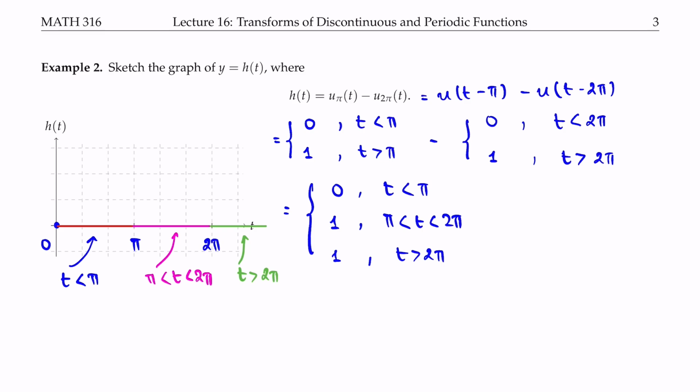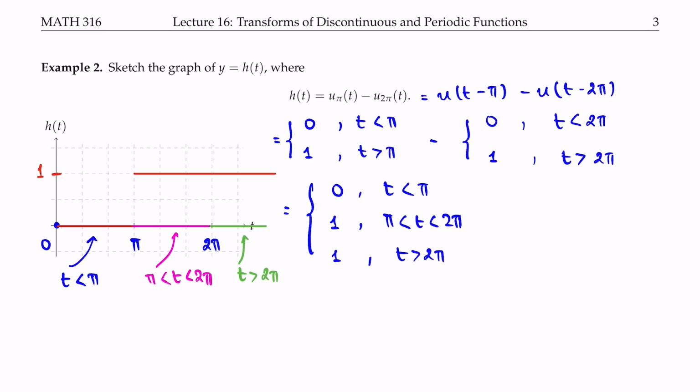So let's say this one is 1. You're okay with that? So in the interval between pi and 2 pi, the function is 1. And when t is greater than 2 pi, the function is equal to 1 as well. You okay with that? Yep. Okay, so that's why you have this information.